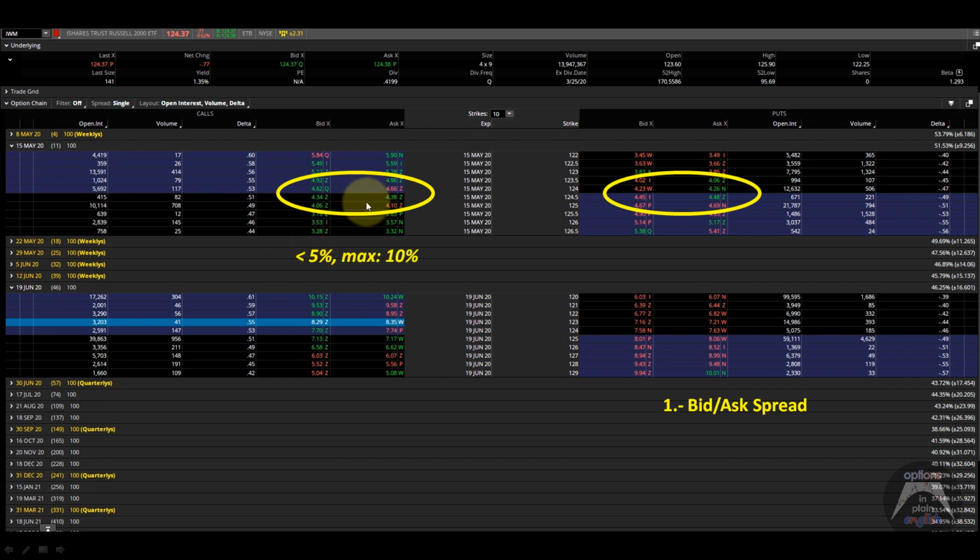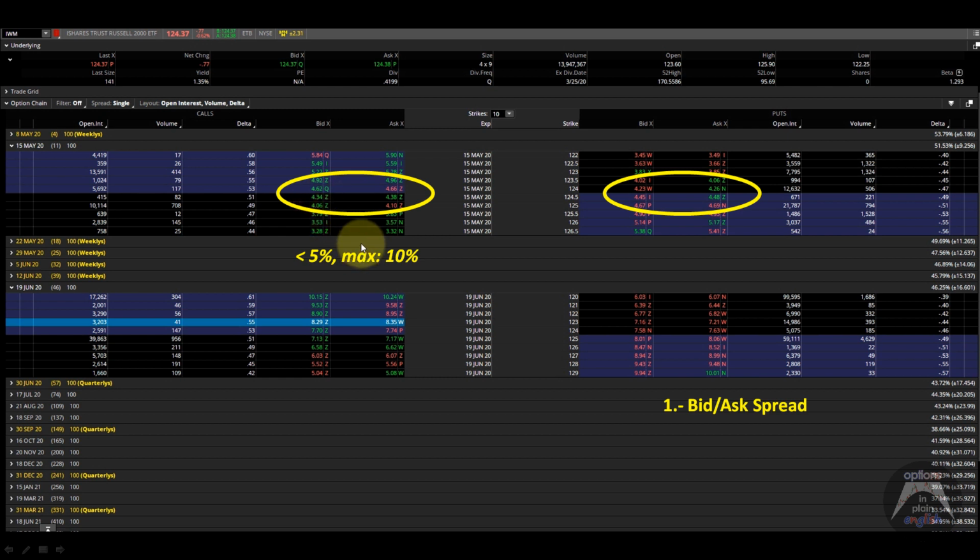So for example, in this case, 4.34, 4.38, the difference is 4 cents. That's the bid-ask spread. What percentage of the whole option price does 4 cents represent? In this case, 4 cents out of 4.34, we'd be talking about around 1%.